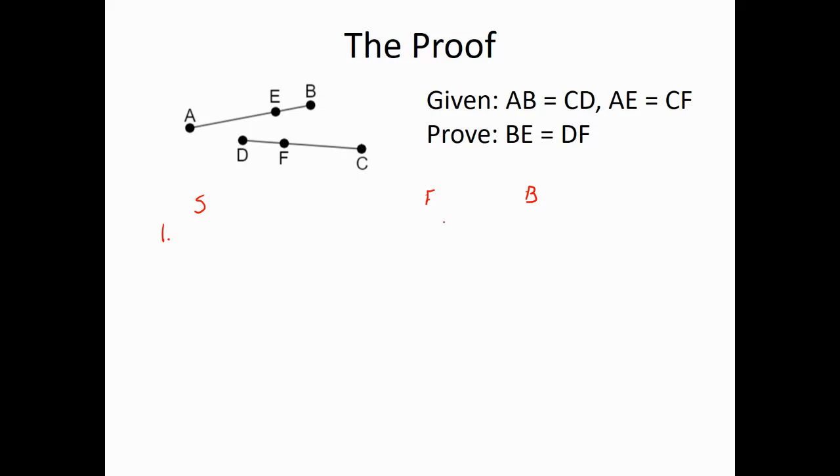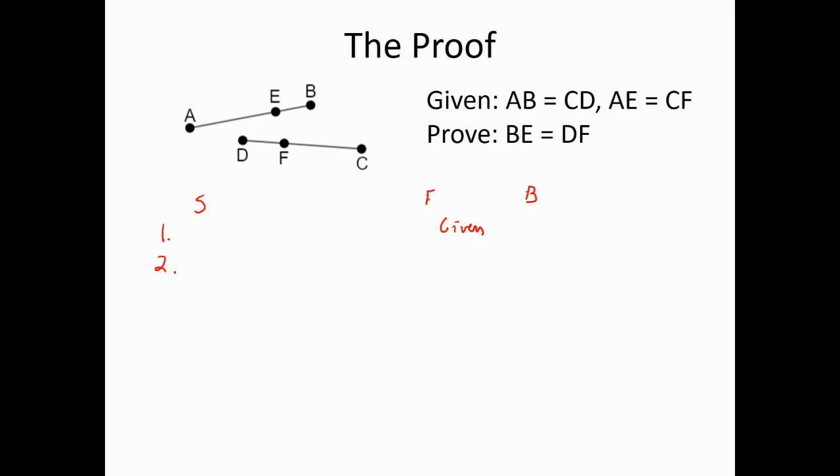So line number one is the given. And as for how this is going to be done, well, AB is equal to CD and AE is equal to CF. And we wish to prove that BE is equal to DF. That feels like subtraction, right? So how are we going to do subtraction? Well, we have to start with something from which we can subtract.